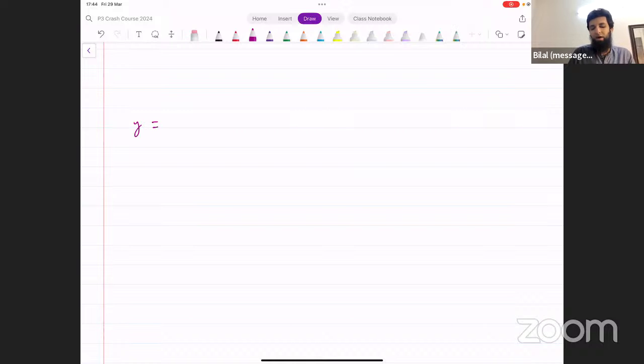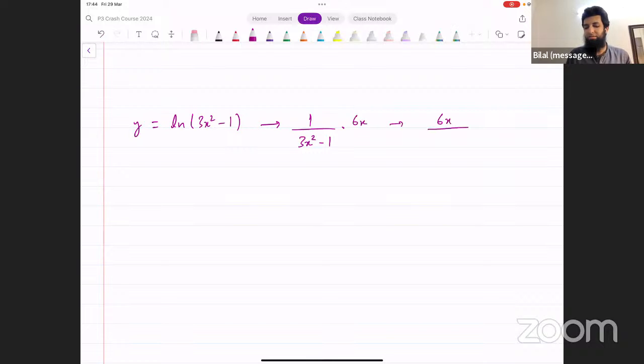If you had y equals ln of maybe 3x squared minus 1, how would you do that? The derivative of ln of something was 1 over that thing, right? So you would say 1 over 3x squared minus 1, and then you would multiply by the derivative of this thing. What's the derivative of this? 6x. So it becomes 6x over 3x squared minus 1.